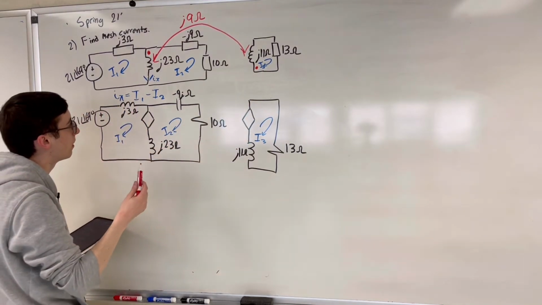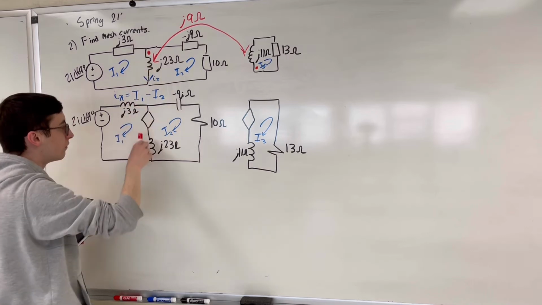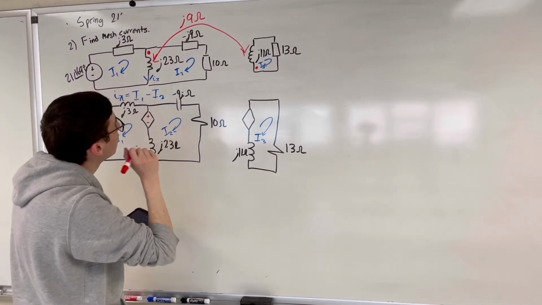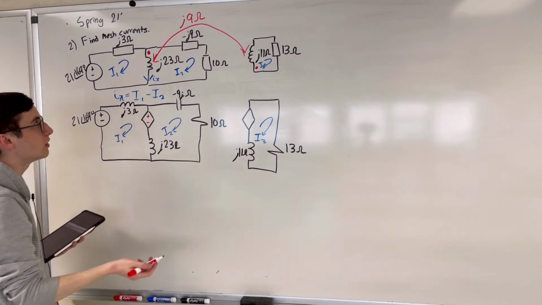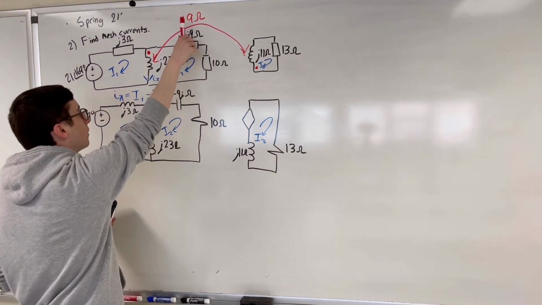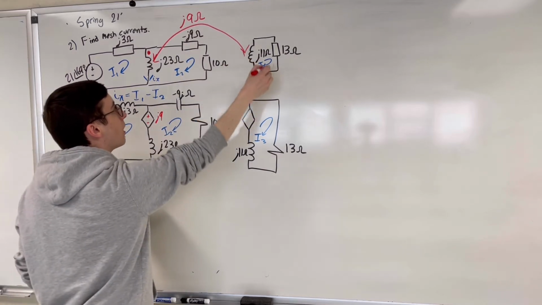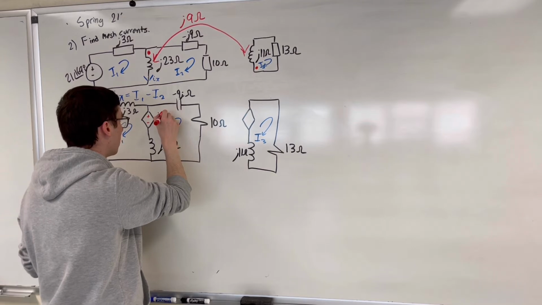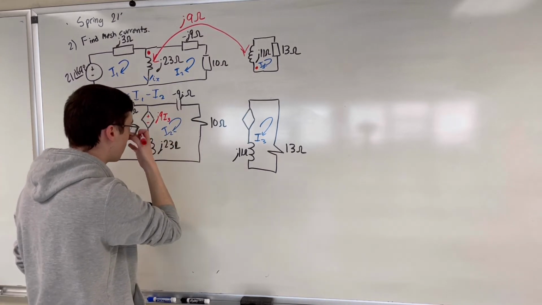So with Ix flowing downwards, I have a voltage drop right here, and that value is going to be j9, the mutual inductance, times I3, the current of the other inductor.